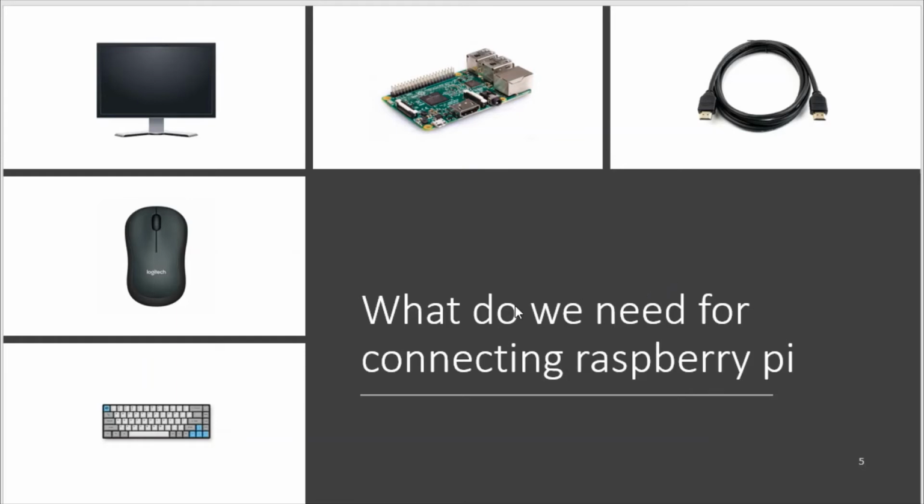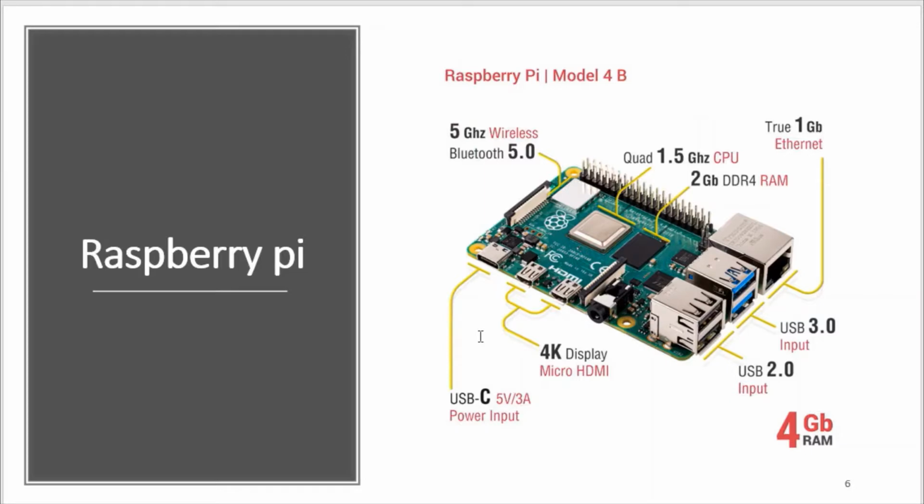In my project I use a screen, Raspberry Pi, HDMI cable, mouse and keyboard. So this is the Raspberry Pi 4B.